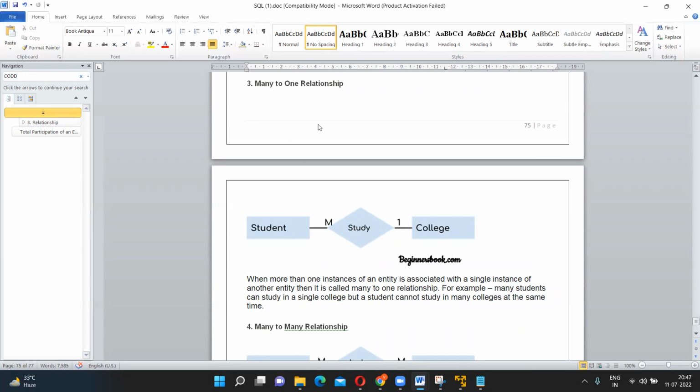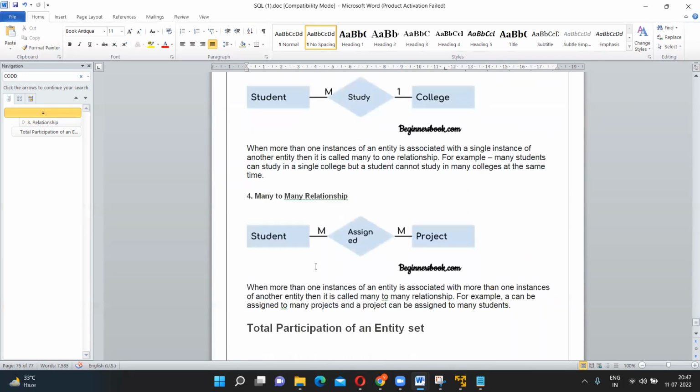So this is called many-to-one. Then I told you many-to-many means what? Many students can be assigned to many projects. So what happened, guys? Suppose student 1, student 2, like that. Multiple students will be assigned to multiple projects. Suppose project 1, project 2, project 3. So this is called a many-to-many relationship.